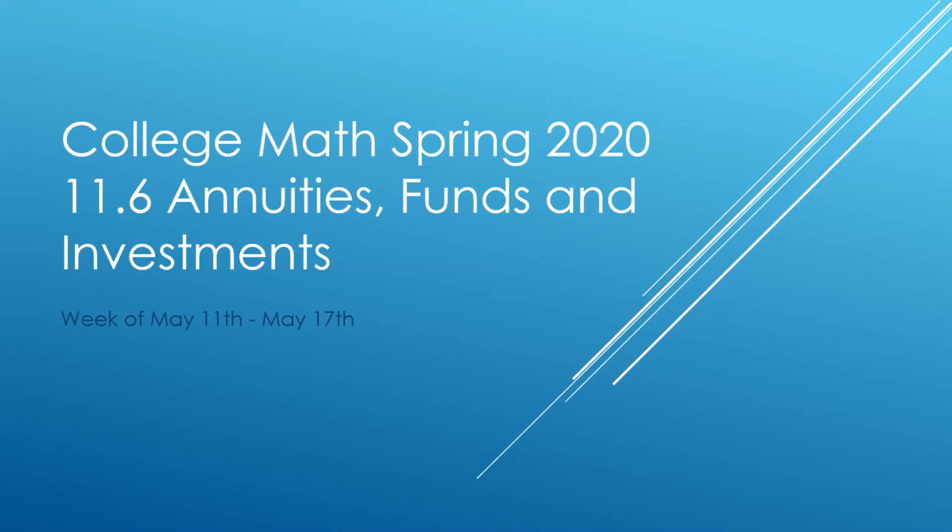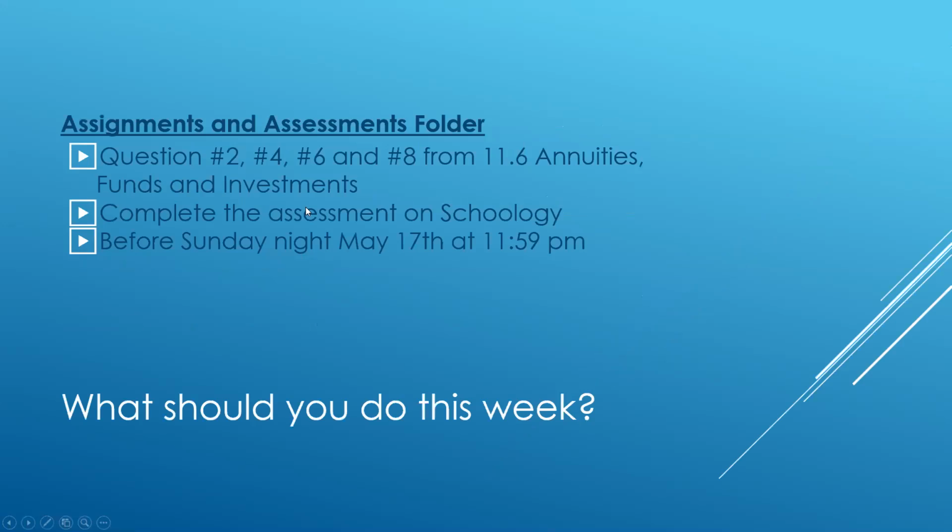We'll also look at what's considered a sinking fund investment, which refers to if I know how much I need in the future, how much do I need to put in, say, monthly, quarterly, semi-annually, or yearly in order to reach my goal at a future date. So that's annuities, funds, and investments.